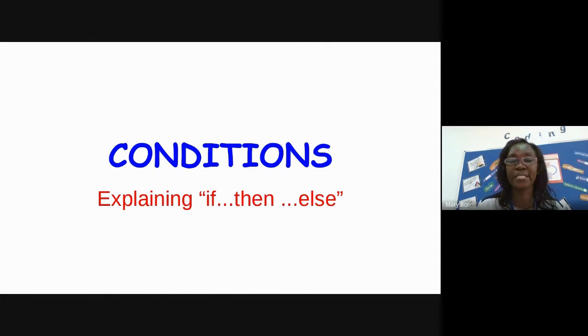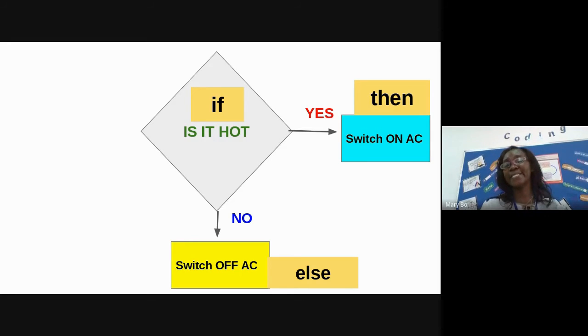So this is my decision diagram, and I'm still using the AC again. Is it hot? Meaning, is my room hot? This is the if it is hot. If, meaning it is the condition in the room. It is the question. You can write this as, is it hot? Or is the room hot? If the room is hot, which is yes, then, can you see that?